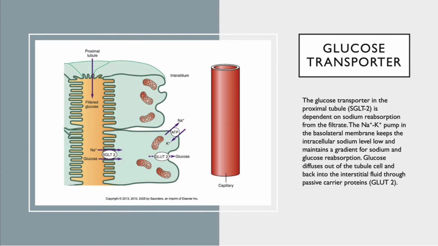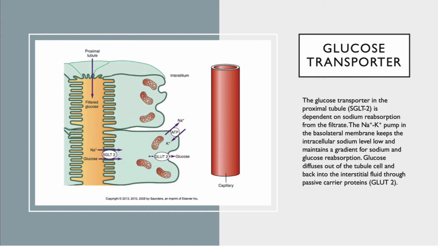And one of the big things that happens there is the SGLT2 protein takes sodium and water and glucose out of the filtrate, right? Out of the filtrate, and moves it into the cell so that it can be sent into the bloodstream.